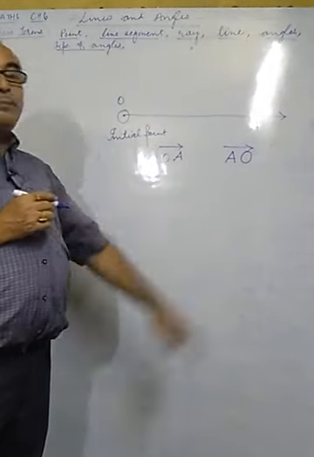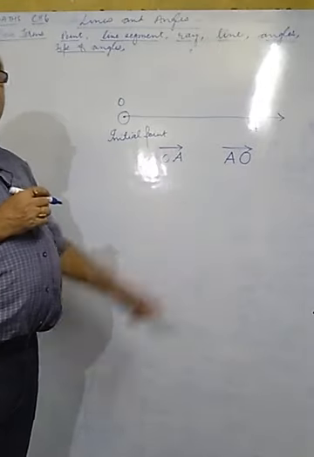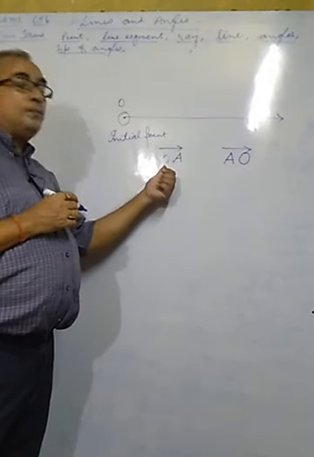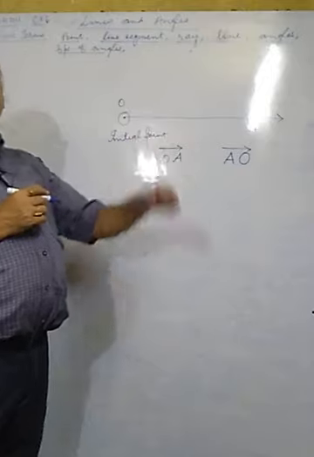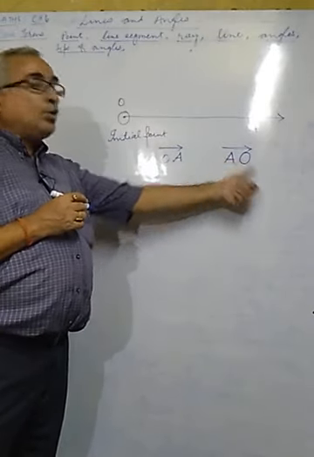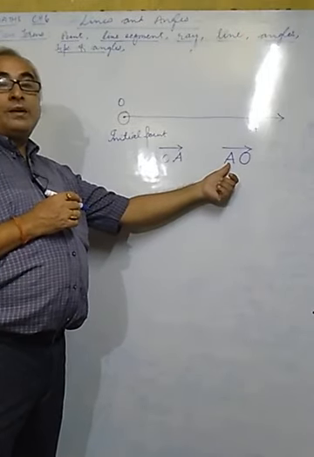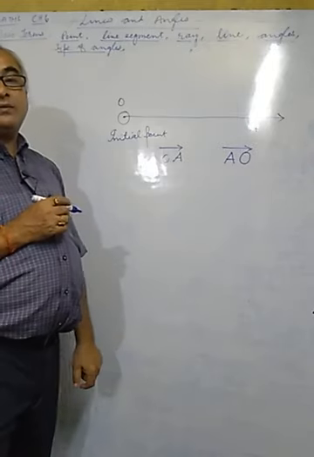The first one is representing what? The first ray represents that its initial point is O and A is the given point. Whereas ray AO represents that its initial point is A and O is the given point.